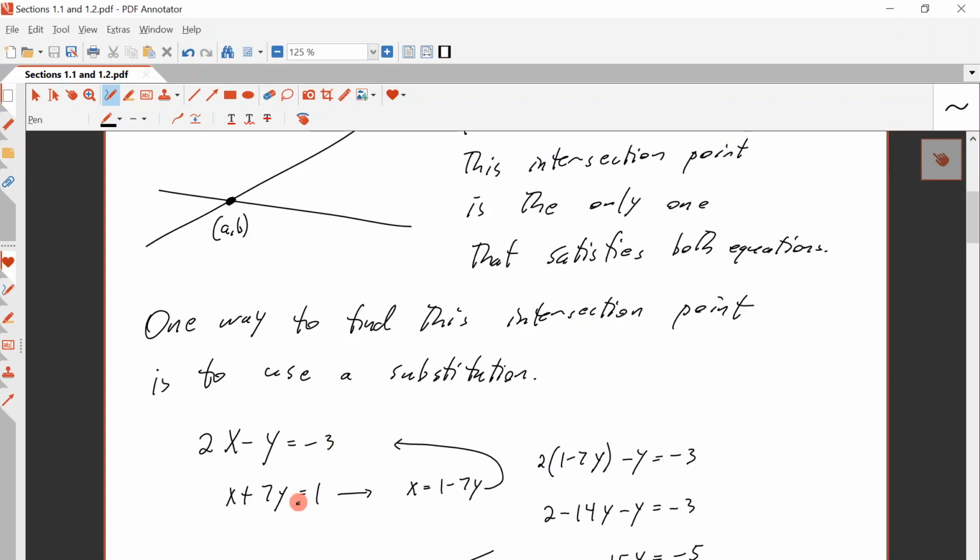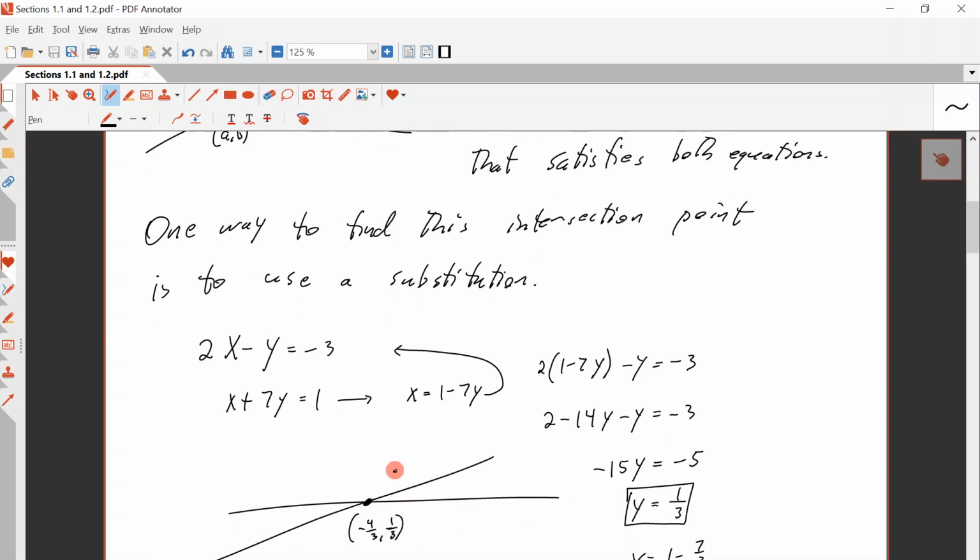You take one of the equations, say this one here, and you solve for one of the variables. So x plus 7y is 1, so that means x is equal to 1 minus 7y. Plug that x into here, and I get this: 2 times x, which is 1 minus 7y, minus y is negative 3.